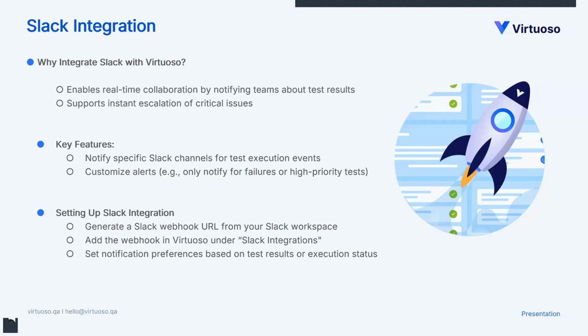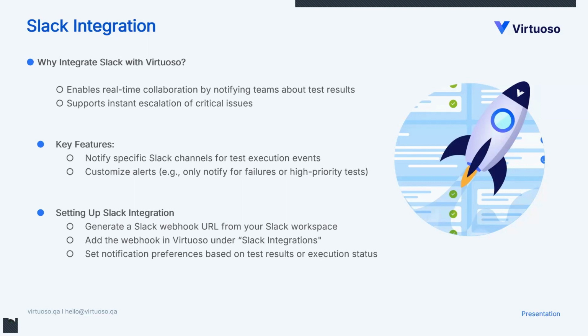The key feature is that there will be a channel where you can decide who should be a part of it, and you can add our Virtuoso app. Once it is added, all the high priority tests and any failures that we configure will notify those users. And how do we set it up? It's very easy. I would say there are only three things needed.